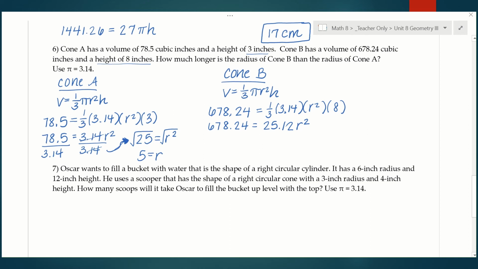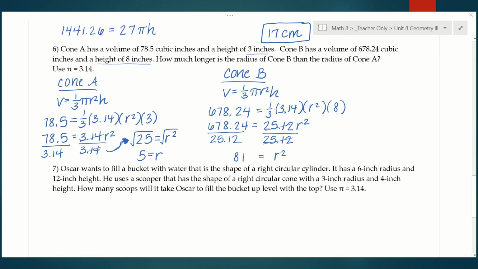To get r squared alone, again, it's 25.12 times r squared, so the opposite would be to divide both sides by 25.12. These two divide to just give me 1, so just r squared. And over here, when I divide that out, I'm getting 81.